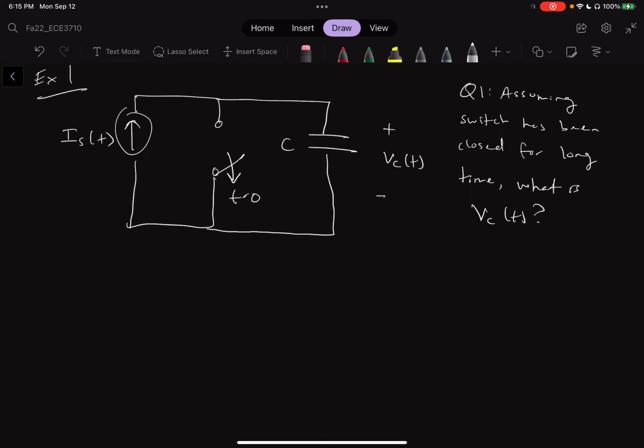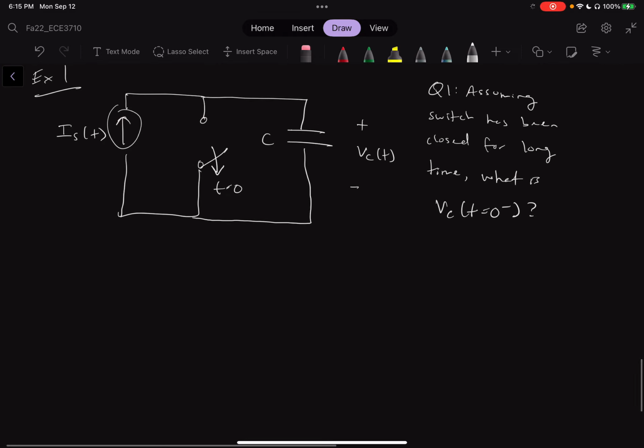More specifically, the way you could reword this question is, what is VC of t equal to 0 minus? Because the switch has not yet opened. So, solve this problem. Step number 1, we're solving for the voltage across the capacitor, and the switch has not yet opened. So we are currently prior to t equal to 0.